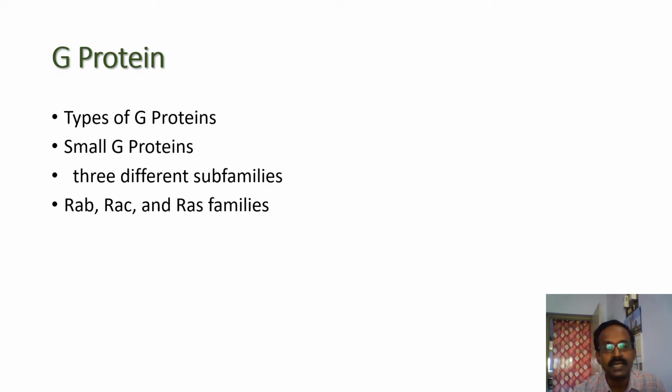Types of G protein. It is divided into two types: small G protein and large G protein. Small G protein is again divided into three subfamilies: RAB, RAC, RAS families. The RAB family is important for vesicle movement between the cell membrane and cytoplasm.